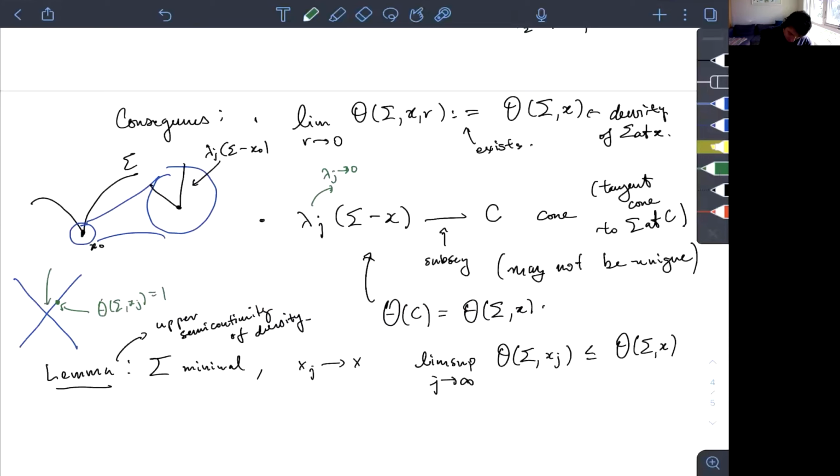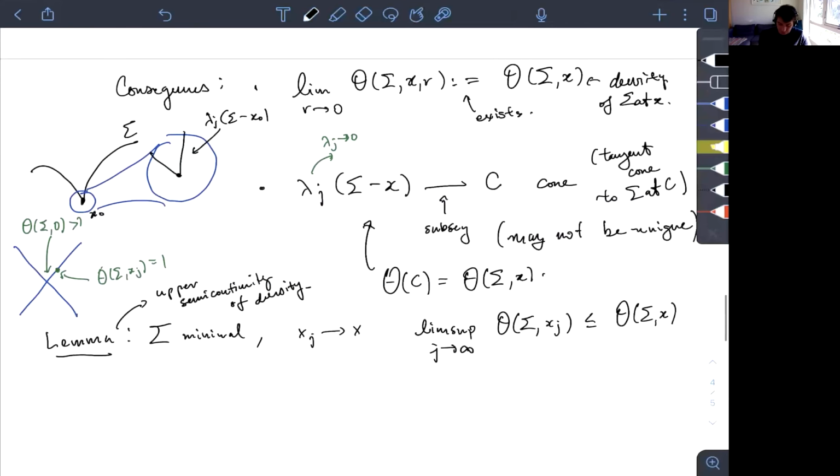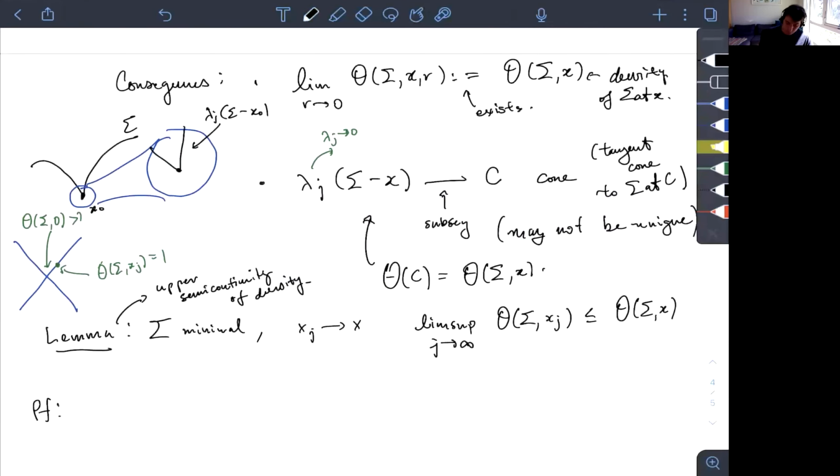However, the density at the origin is going to be bigger than 1. So what happens is sigma j limits to the origin and the density jumps up, but it can't jump down. Let me prove this, because the proof is a nice warm up in using the monotonicity formula.